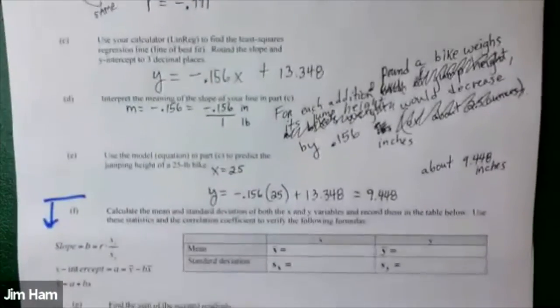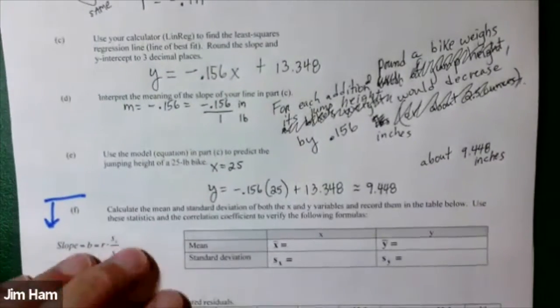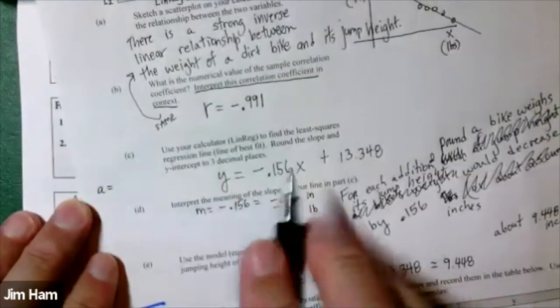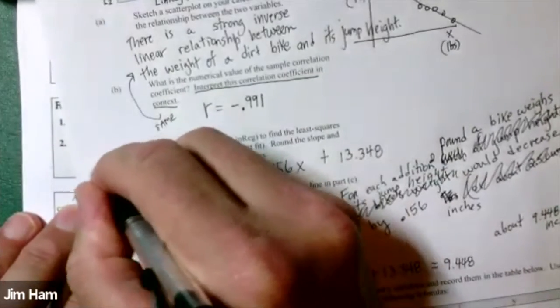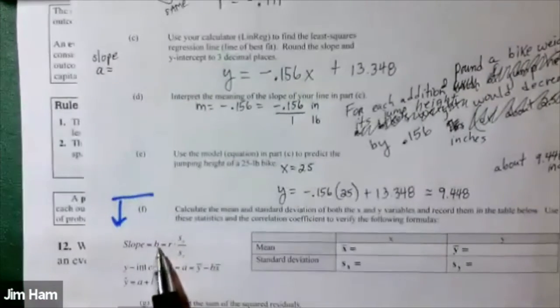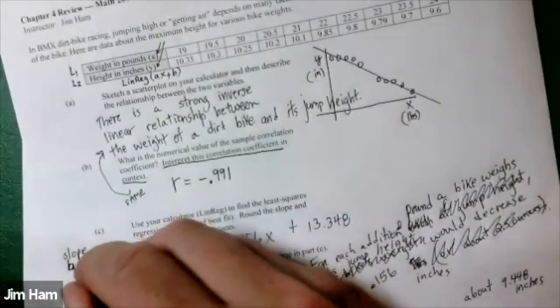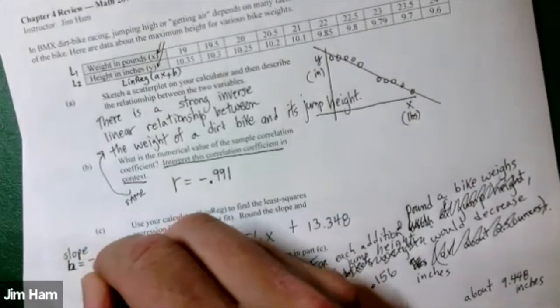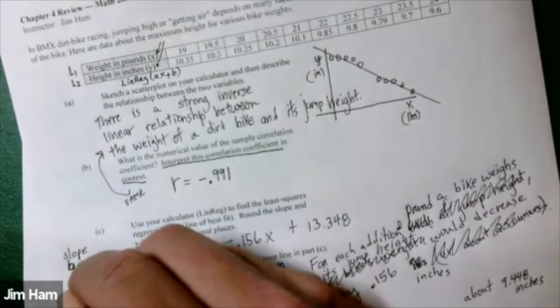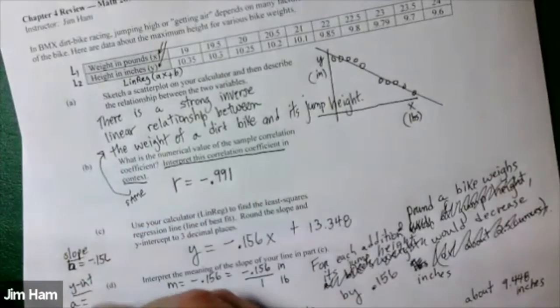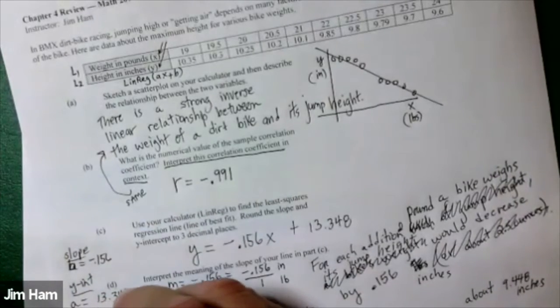All right, so the last thing we do is, here we have A. Well, what are we going to call this? This is the slope, so maybe I should just call it the slope. And I think down here I call it B, so maybe I'll switch those two. The slope equals negative 0.156, and the Y-intercept, we're going to call that A, and that's going to be equal to the 13.348 number.